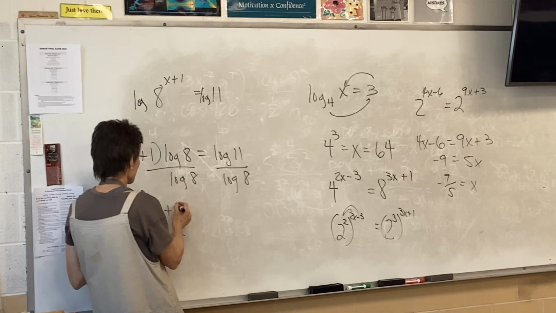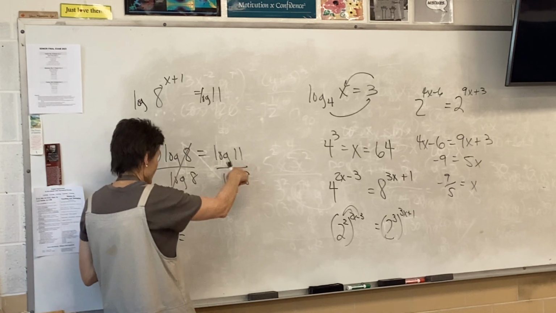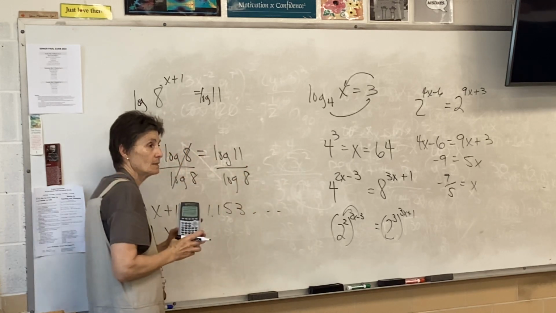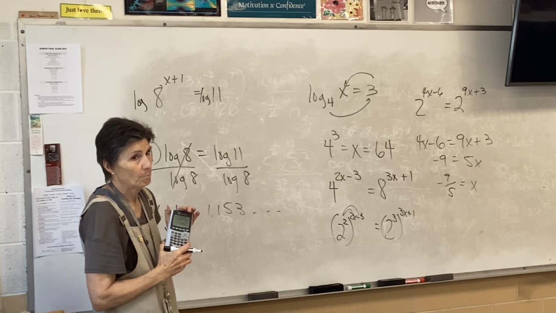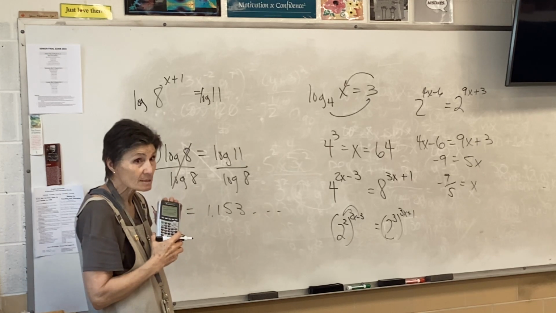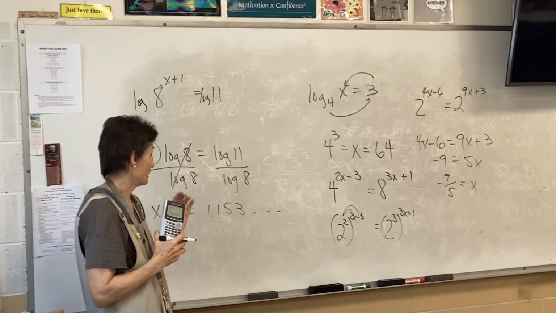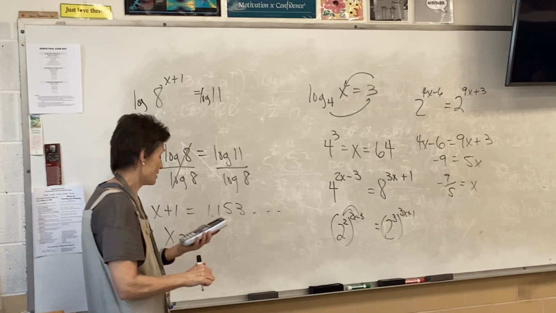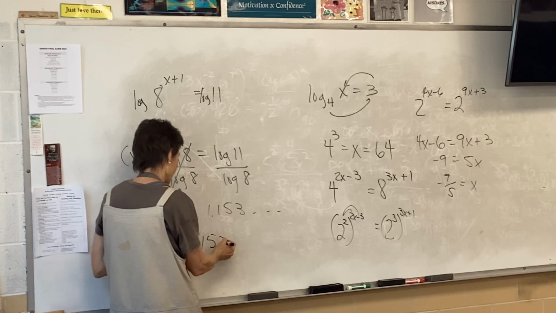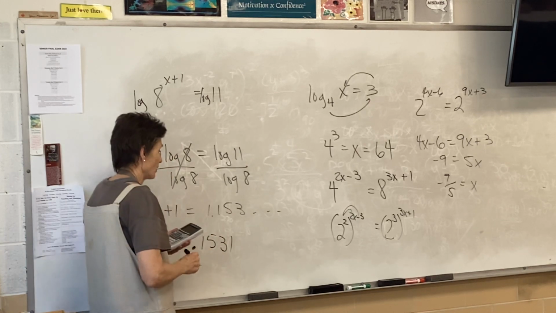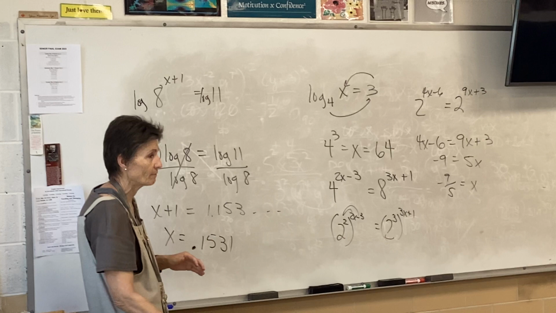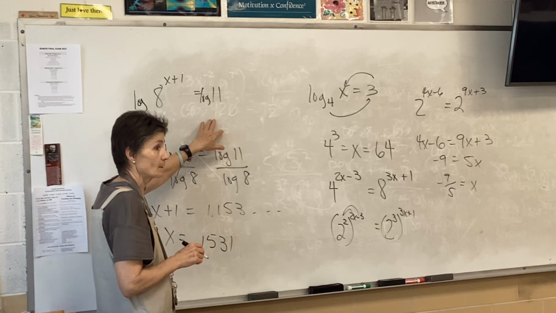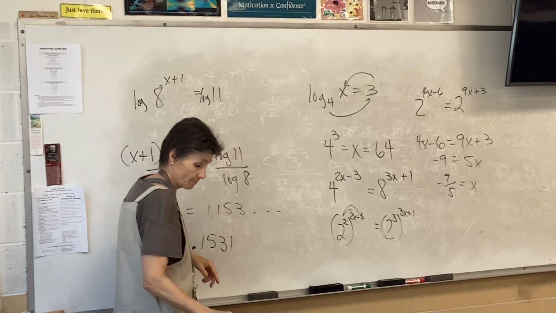So x plus 1 equals this, which is 1.153, but I want x, so I'll subtract 1. So my answer is 0.1531. I don't know how many places you'll round it off. Okay, so we took the logarithm of both sides, pulled the exponent off, and divided.